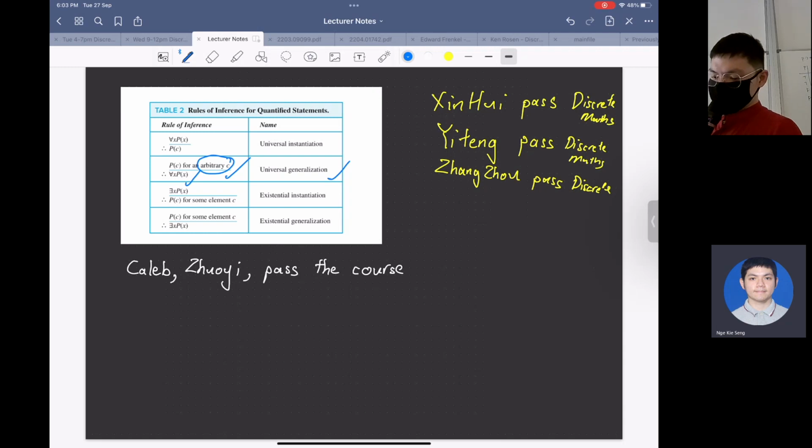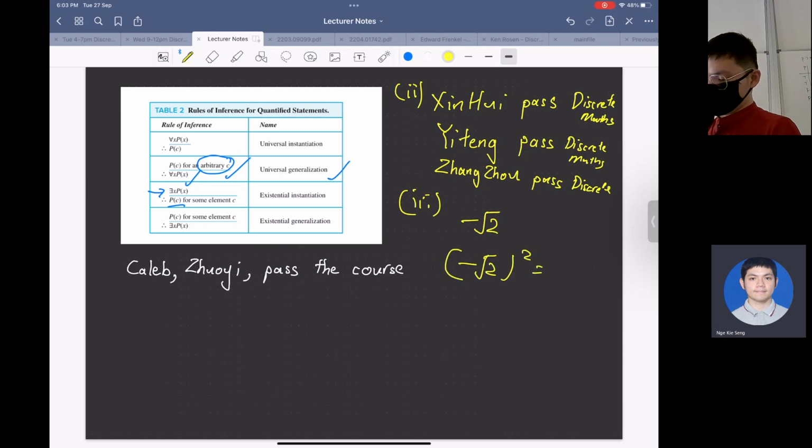And then there's the existential one: you can find a c such that P(c) works. We already showed it, right? The square root of 2 thing.